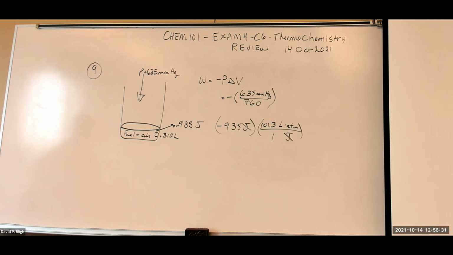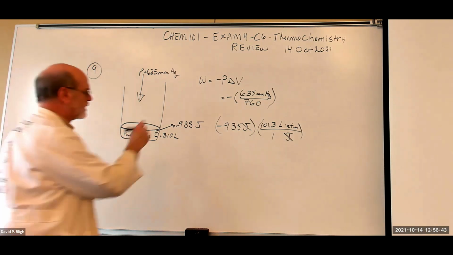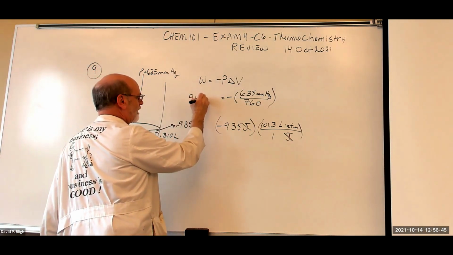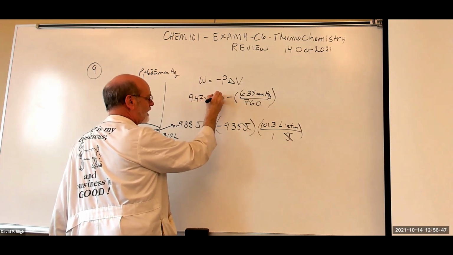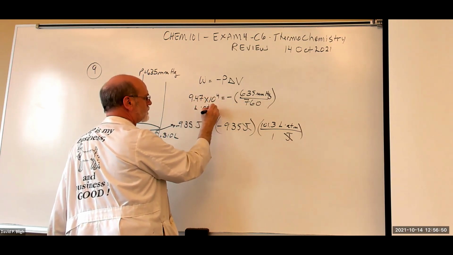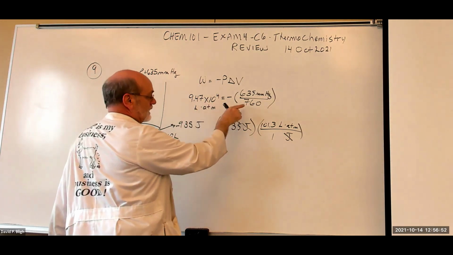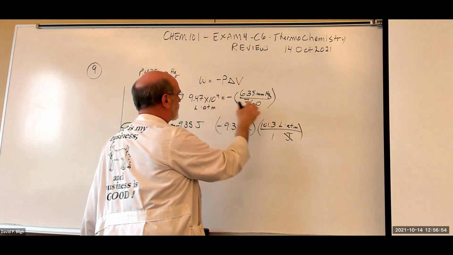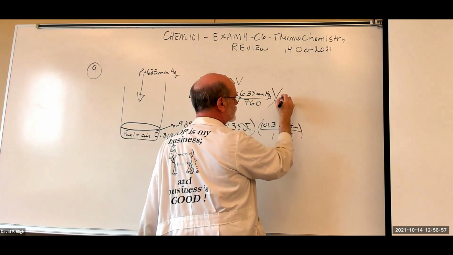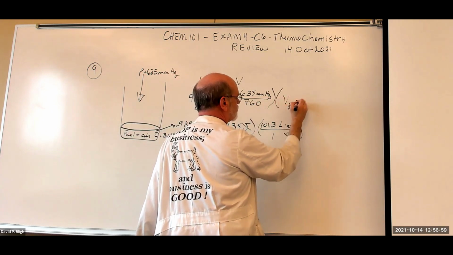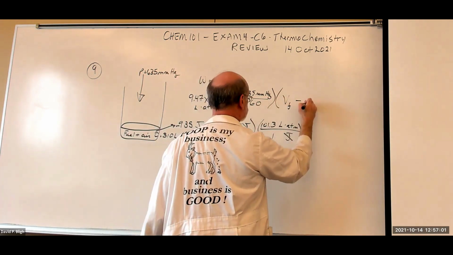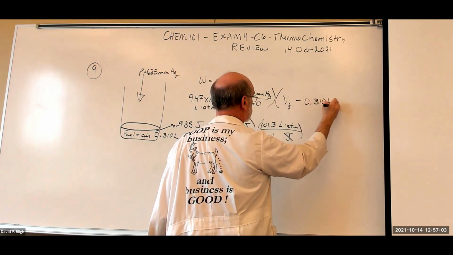Let me check myself. So negative 9.47 times 10 to the 4th, and this is the liter atmosphere. This is the pressure. And the change is going to be final volume minus initial volume, 0.310 liters.